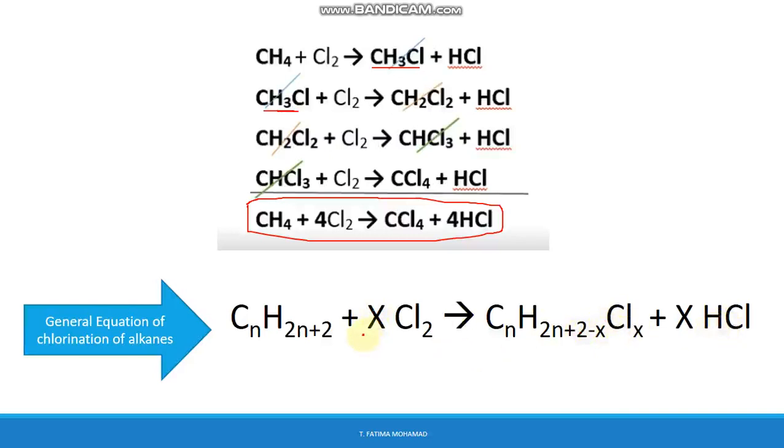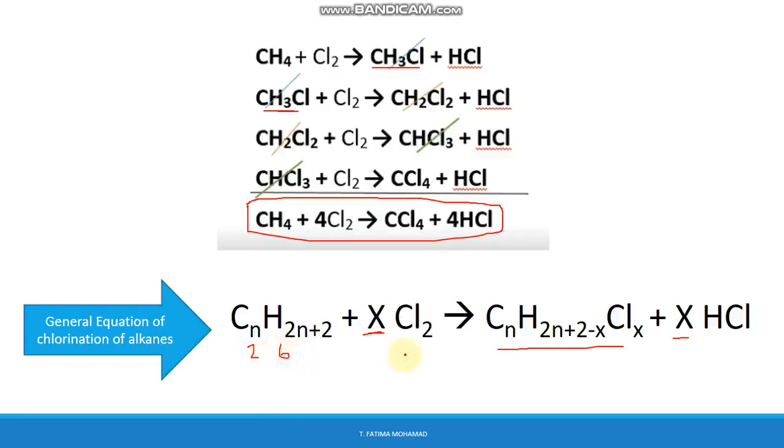If we are substituting by one, meaning monochlorination, 1 Cl, so instead of x we write 1, so it will be chloroalkane, okay, and we will have only one HCl. For example, if we have a chlorination of ethane, so it will be C, what here?